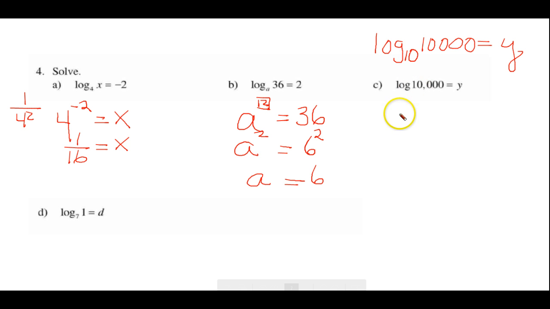So setting this up is going to be base 10 to what exponent when we have the answer 10,000.